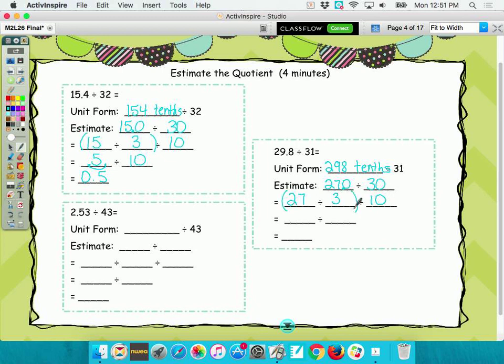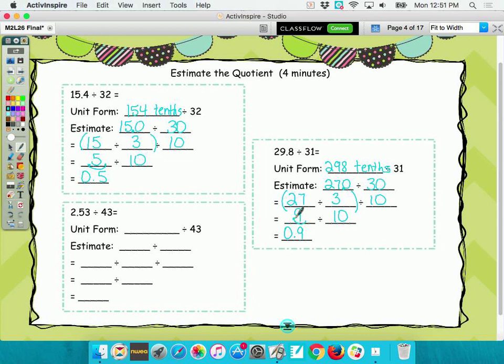Okay, what's 27 divided by 3? Michael, 3 times something equals 27. Jose, help him. 3 times something equals 27. 9. So this is 9 divided by 10. So my answer is, good, 9 tenths.